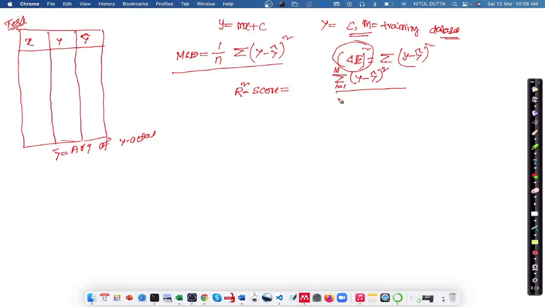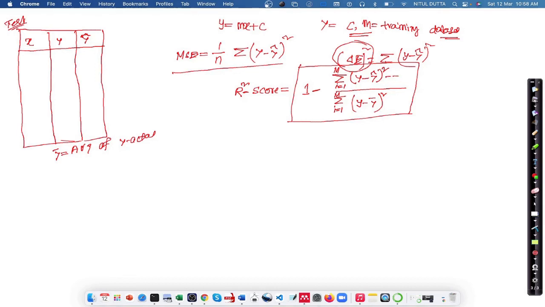Then it is divided by the sum from i equals 1 to m of (y minus y bar) squared, where y bar is the mean. If I calculate this and subtract it from 1, that becomes the R squared value.